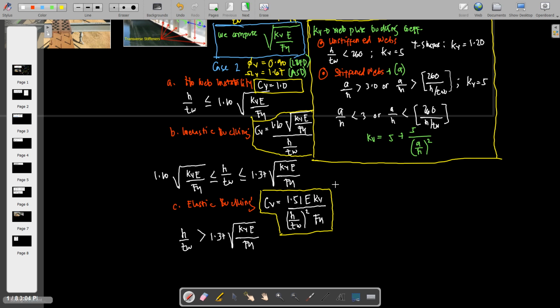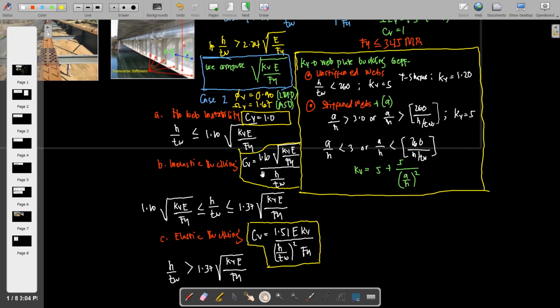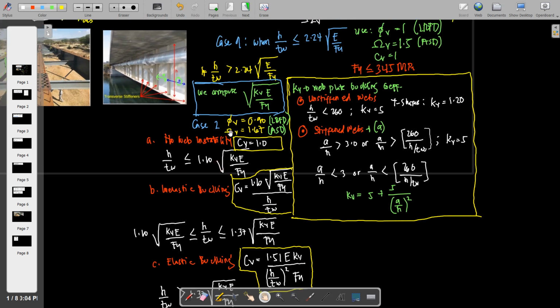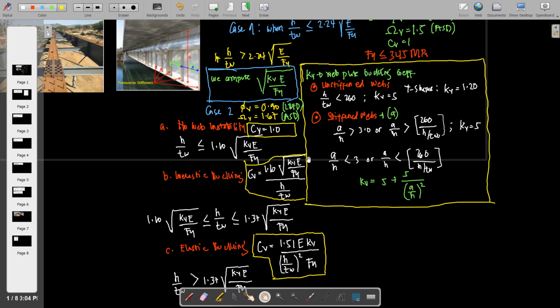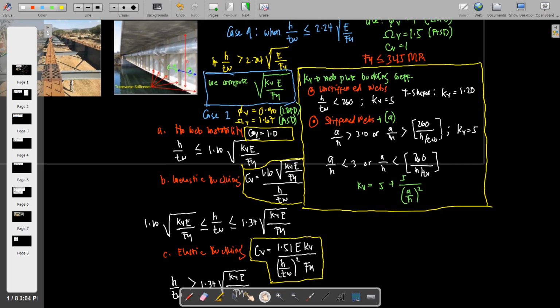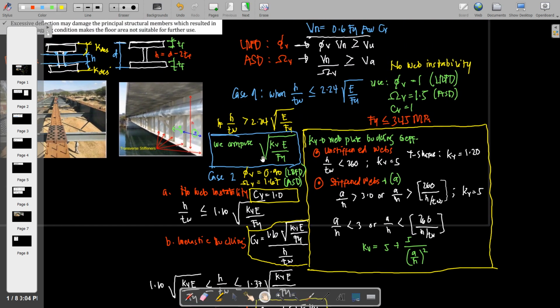Okay. So, that's it. So, ang ano lang naman dito is yung calculation ng CV, right? And these values of phi and omega. So, we have case 1 and case 2.